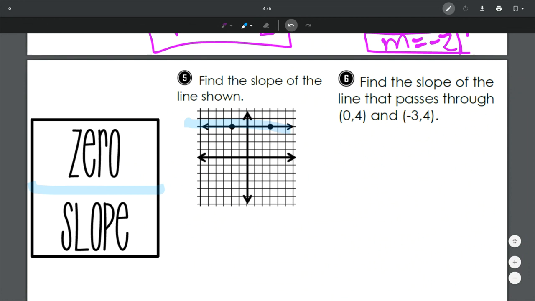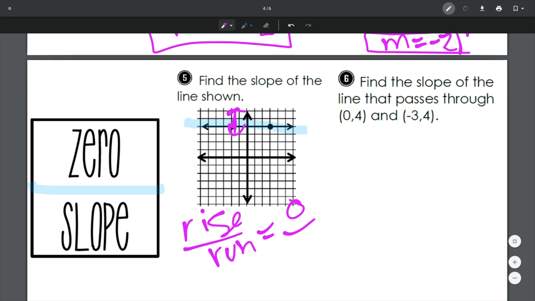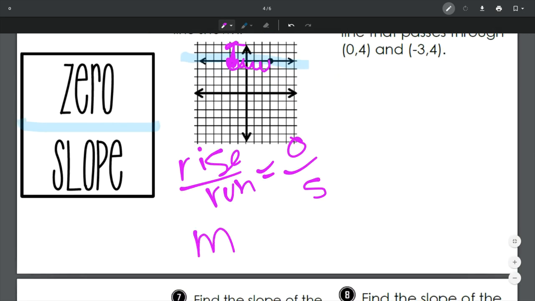And this line right here, what's really happening is there's no rise. Your rise over run is 0 over 1, 2, 3, 4, 5. Well, we already know that the slope is 0 because it's a horizontal line.